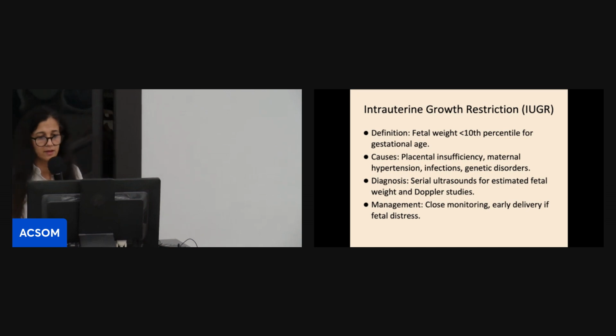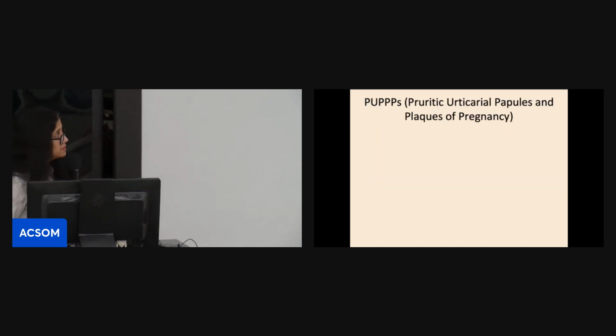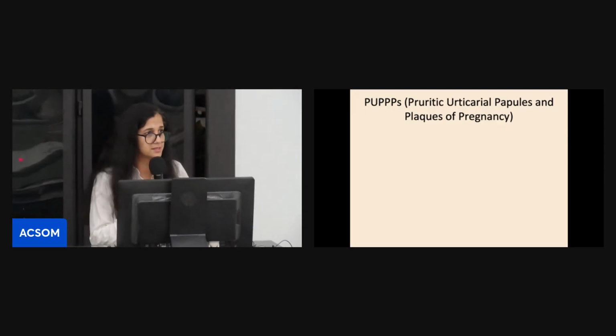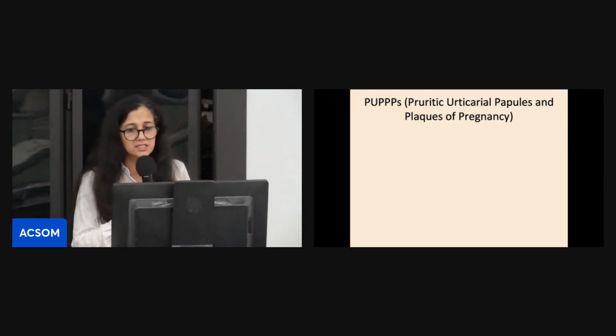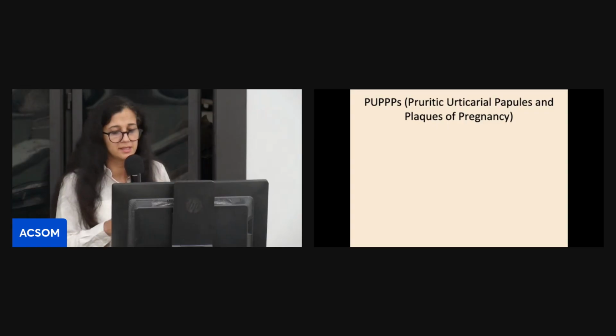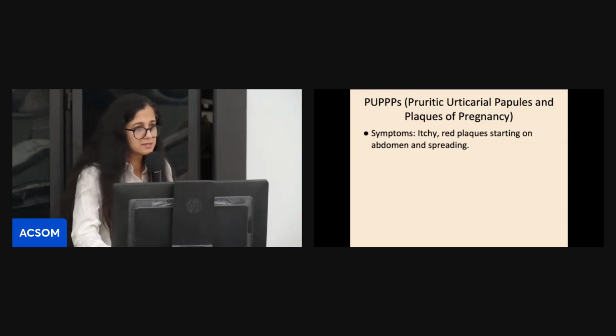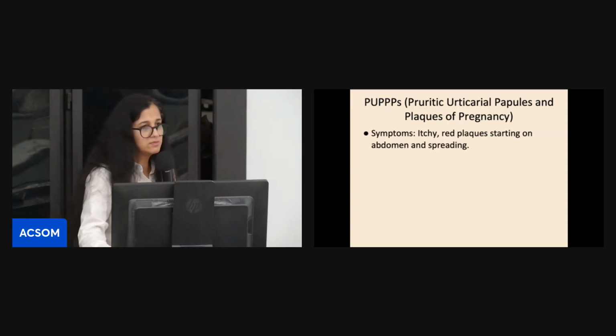Okay, PUPPs. This is pruritic urticarial papules and plaques of pregnancy. Again, another itchy condition, with itchy red plaques starting on the abdomen and spreading.